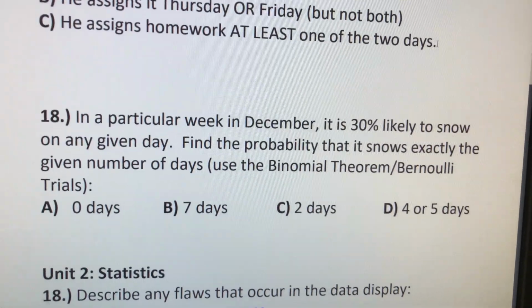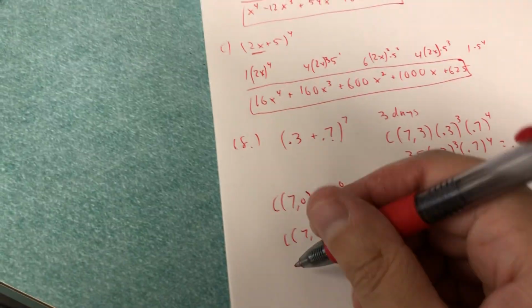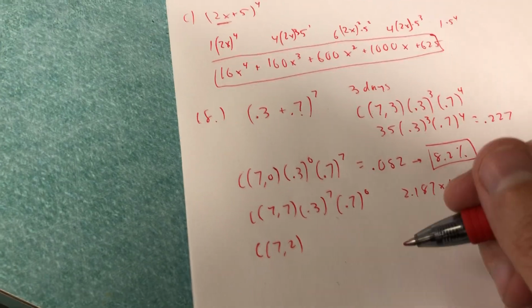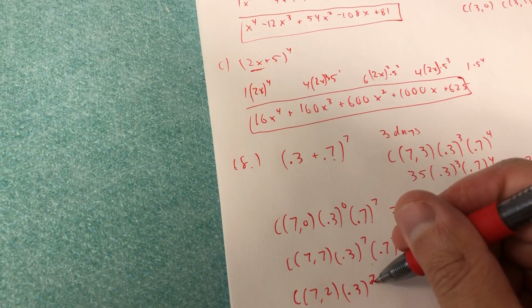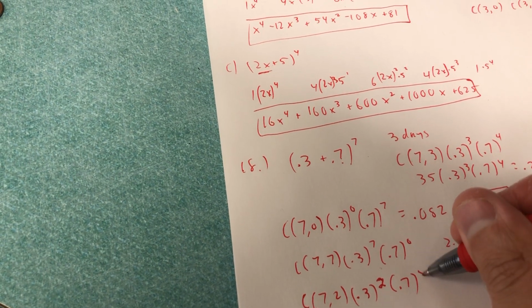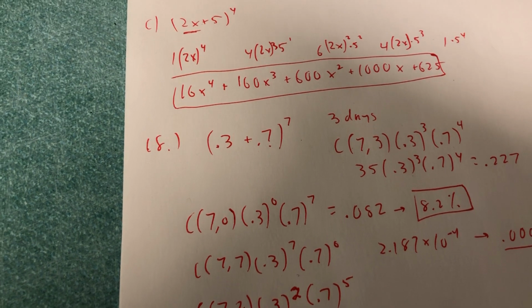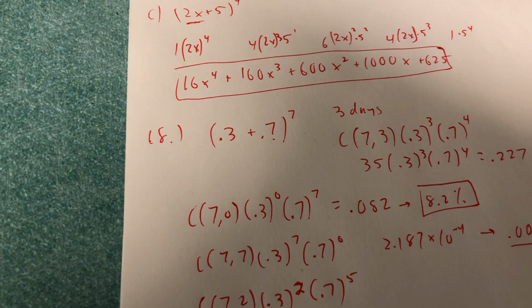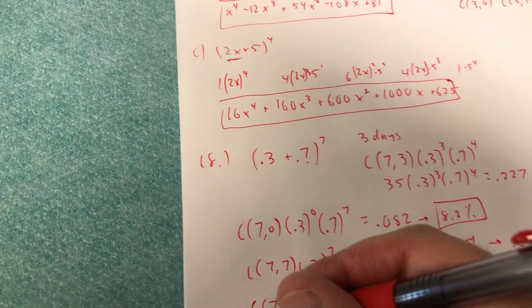Okay, 2 days. So that means it snows 2 and it doesn't snow 5. So we're going to do a combination of 7 choose 2. We want it to snow 2. Whoops, sorry, that should be an exponent of 2 there. And we want it to not snow 5 days. Okay? And so the combination of 7 choose 2, we can go ahead and do that. That is 21.